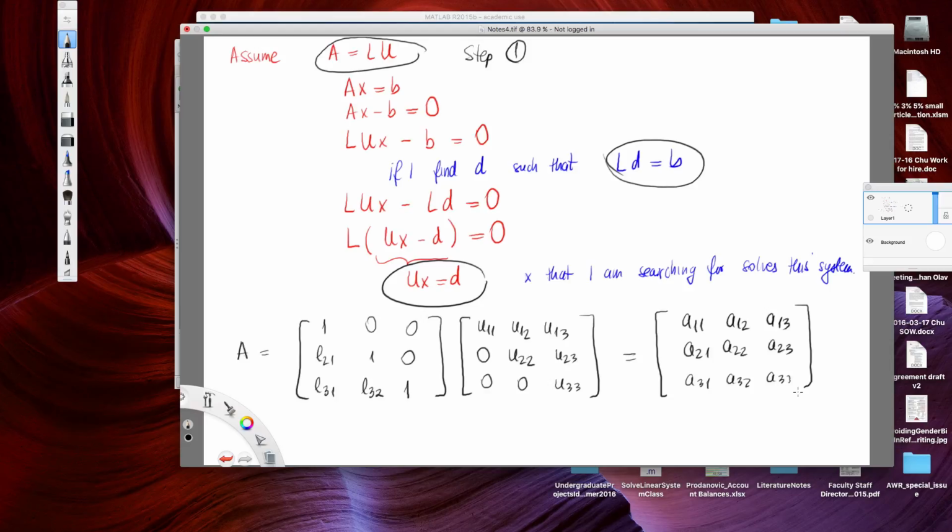So I'm just going to show you for this A21. This is matrix multiplication. In order to get this element here, A21, I have to multiply this row with this column, correct? So when I do that, I have L21 times U11 is equal to A21.